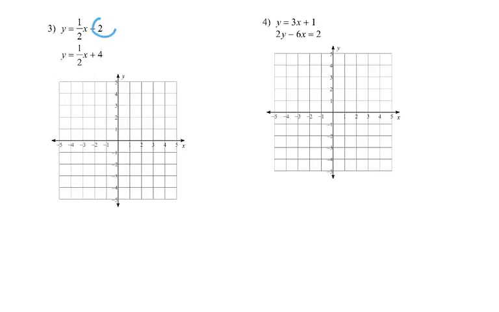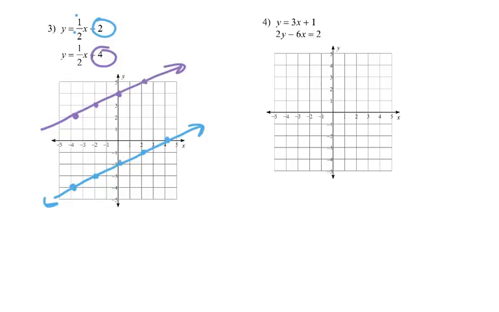So we graph. Negative 2 for our y-intercept, slope of 1/2, so up 1 to the right 2, or down 1 to the left 2. Okay. Then the next one, positive 4, slope of 1/2, so up 1 to the right 2, or down 1 to the left 2.